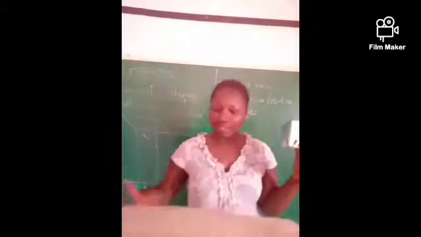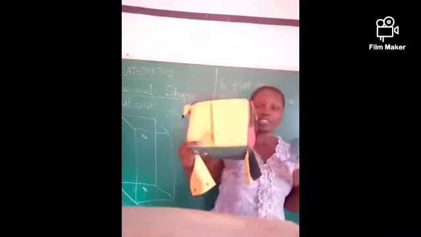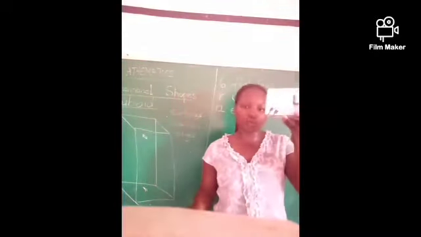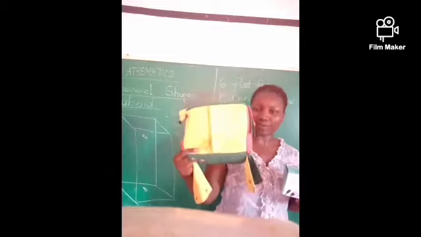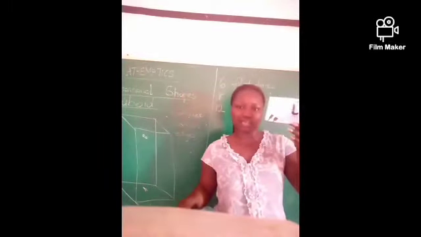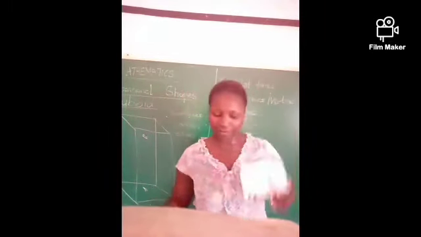Did you get that? A cube has a square face, while a cuboid has a rectangular face.